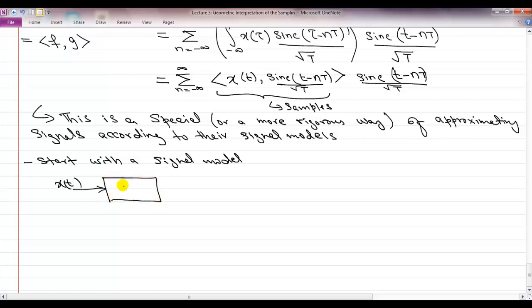Then someone will give you x of t, and the way you will do the sampling, you will do a convolution operation here or filtering here. And the filtering may not be as simple as just take a low pass filter. Depending upon what kind of signal model you have, this filtering could be different, but the general sampling strategy, for most of the rest of the class, will be that you do filtering and then you sample it at t equal to nT.